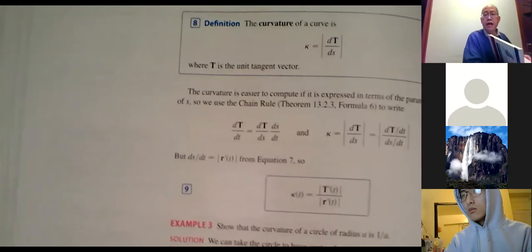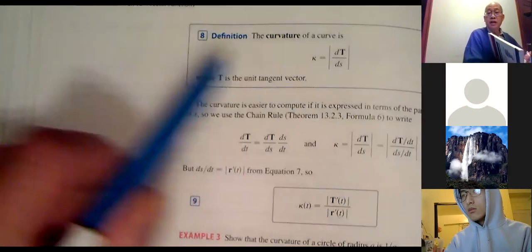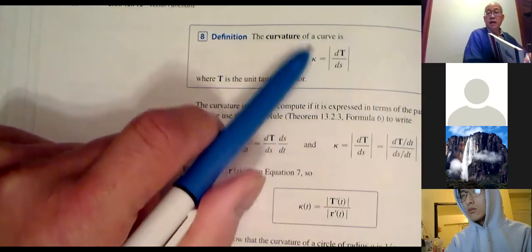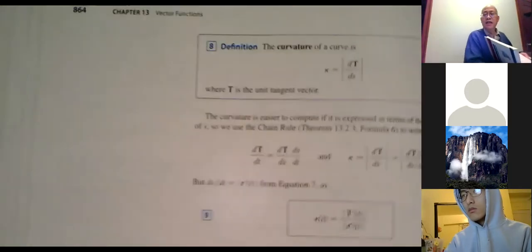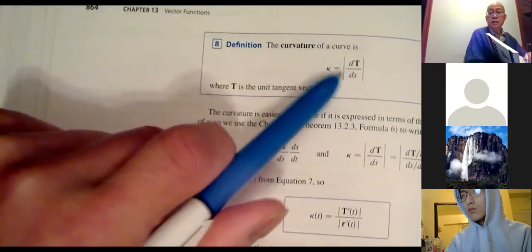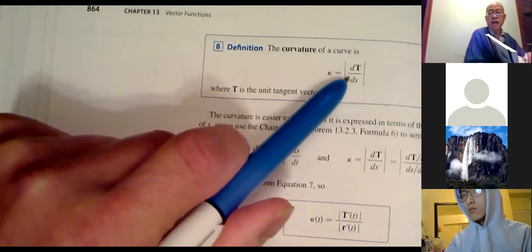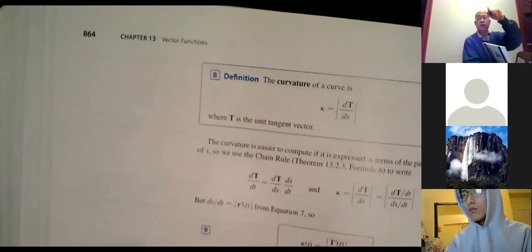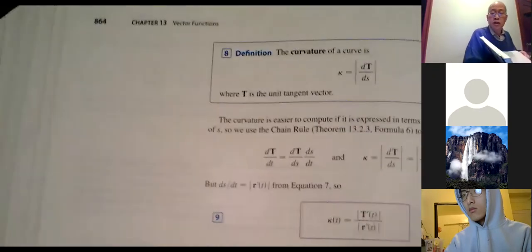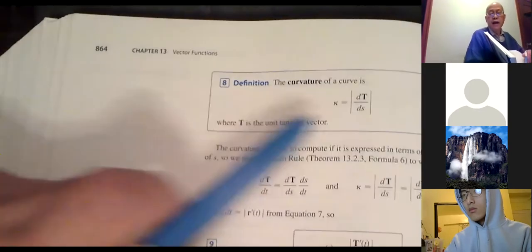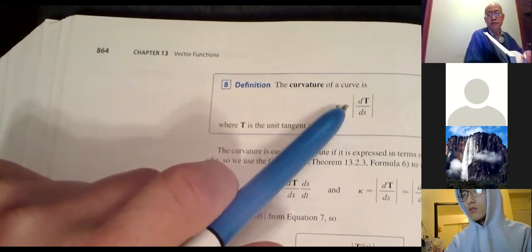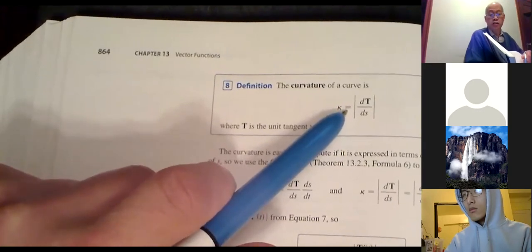It's the magnitude of dT/ds. It's a definition: how does the unit tangent vector change as I move along the curve? You don't actually use this for computation, though. It's not very good for computation, so there are other forms.